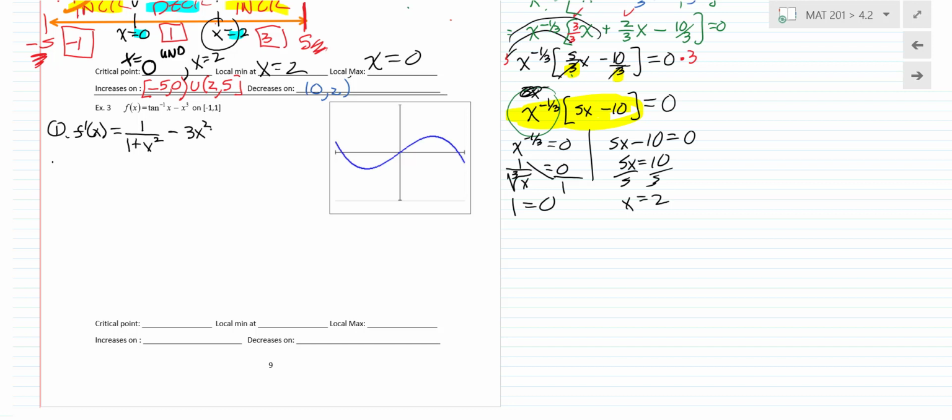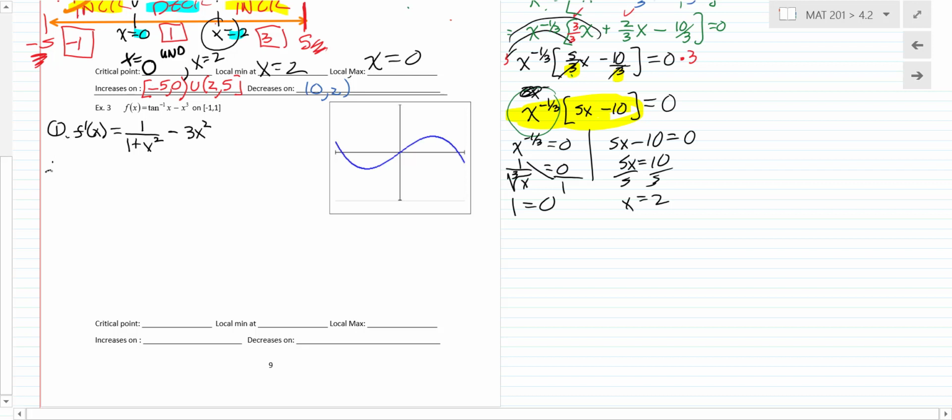When I look at that, I know that that will never be 0. Never, ever. That's a complex number anyway. If you set x squared plus 1 equals 0 and solve, you get complex numbers. So it's never undefined. Do not forget about looking where the derivative doesn't exist. In this case, that means that the derivative always exists.